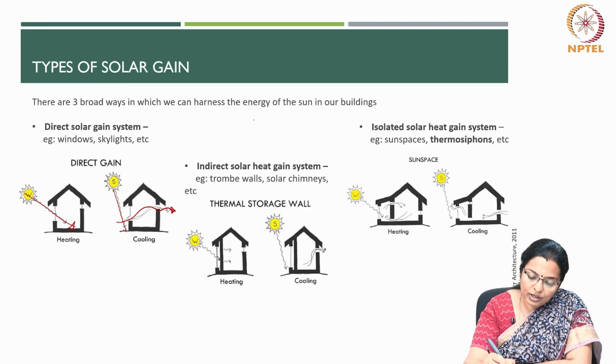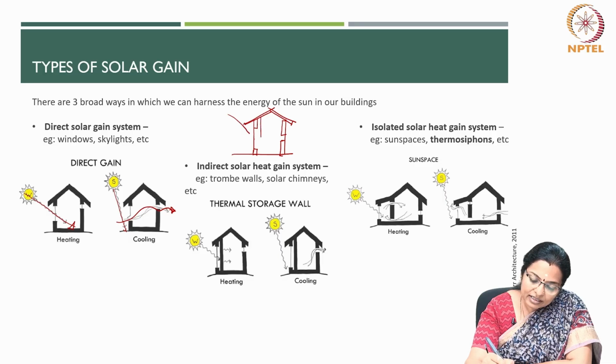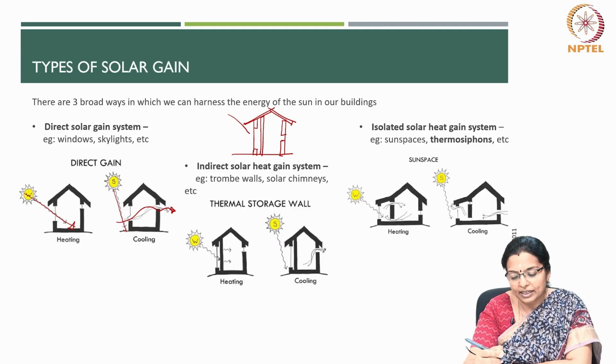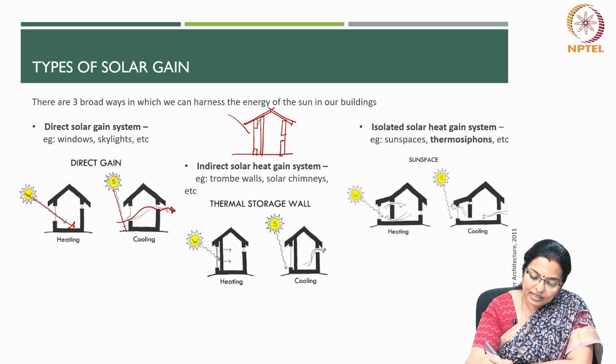In indirect solar gain, what happens is, instead of the solar gain hitting the surface directly, there is yet another layer of wall behind, creating a space like this.